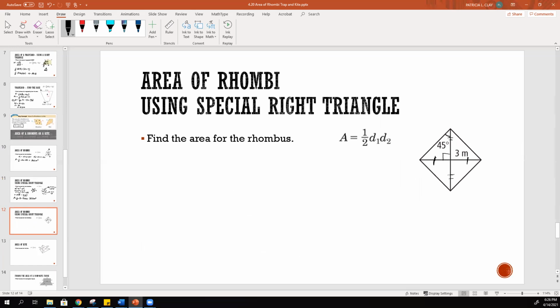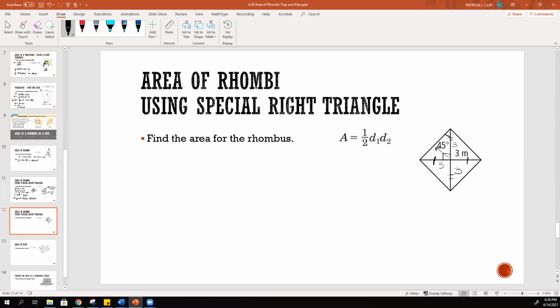We're not going to use it. But saying that, we know these two are congruent, so this is going to be 3. What are we going to know about this on a 45-45? On a 45-45 triangle, the two sides are congruent, right? So that means this right here is also 3.